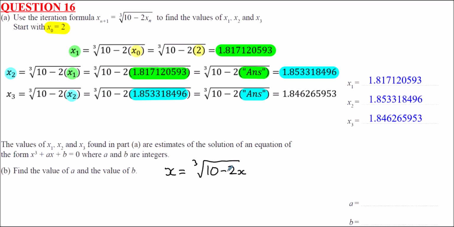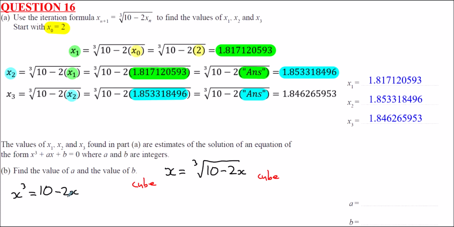We will now need to rearrange this so it's in this form. So to go from this form to this, what we need to do is cube both sides to get rid of this cube root. So if we cube both the left and the right, what we'd get is x cubed equals 10 minus 2x. Now we want this all on the left-hand side, so the right is equal to 0.